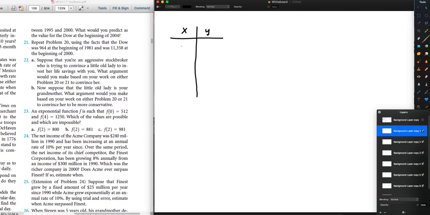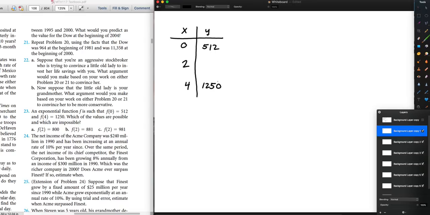They're saying when X is 0, Y is 512. The next value they give you is 4, but the value they're asking you about is 2, so let's throw the 2 in there for a minute. And when X is 4, Y is 1250.